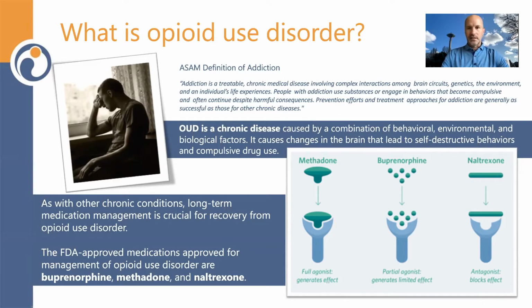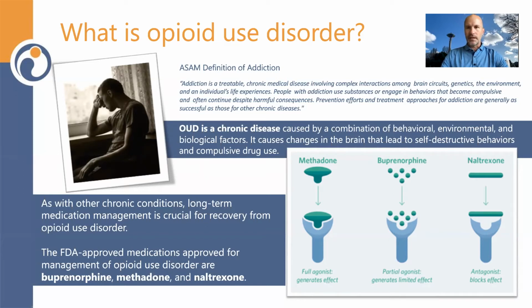And I think this is the most important point we want to address today, is that opioid use disorder is a chronic disease, and that if you manage it like other chronic diseases, you will be able to improve your chances of long-term recovery. So like we mentioned, there are other medications that we can use for the management of opioid use disorders.